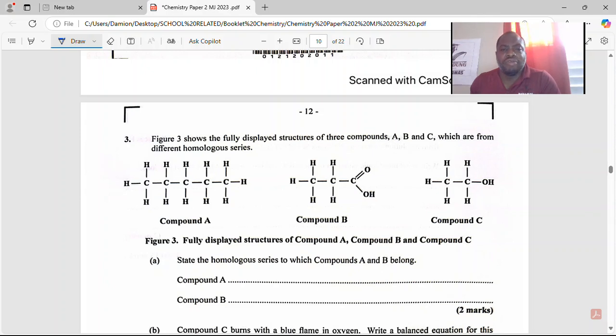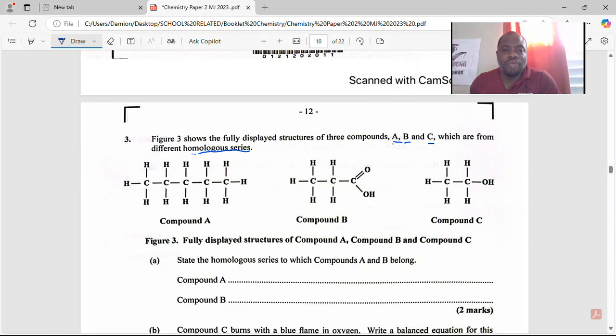Figure 3 shows the fully displayed structures of 3 compounds, A, B, and C, which are from different homologous series. I'm going to be talking about each of these, yeah?